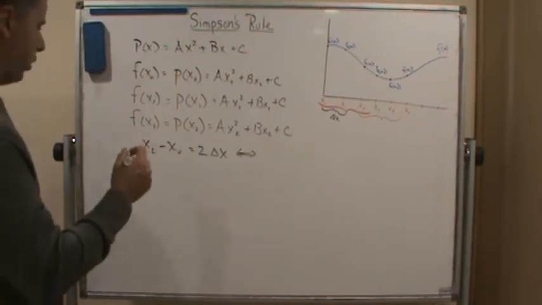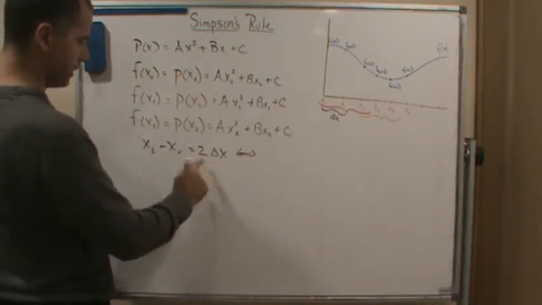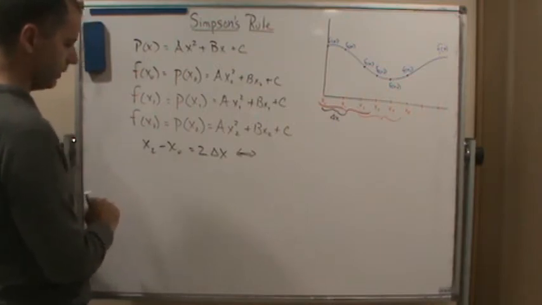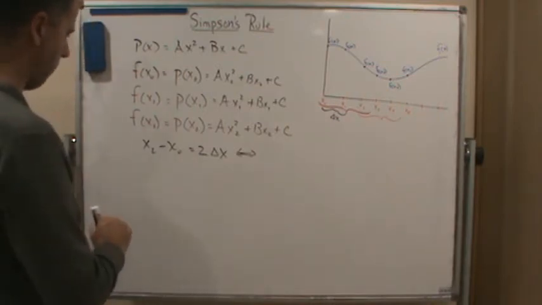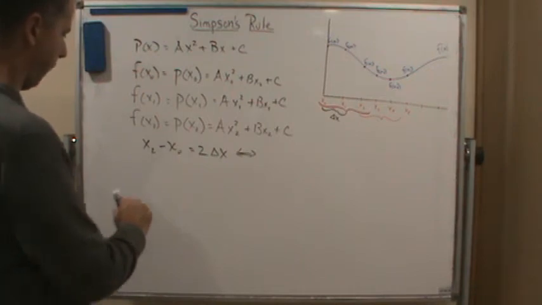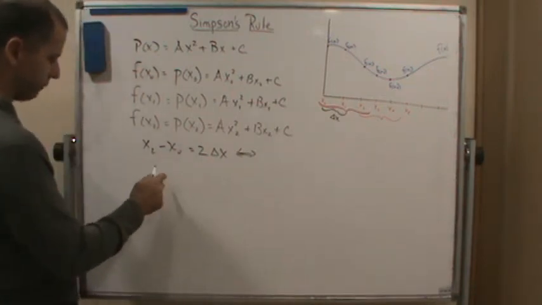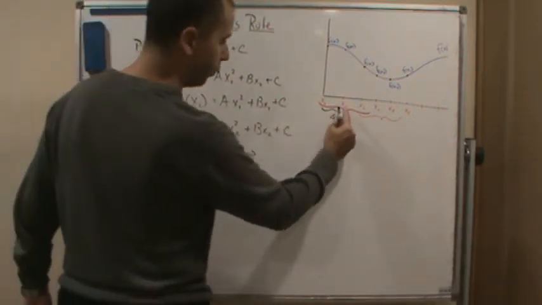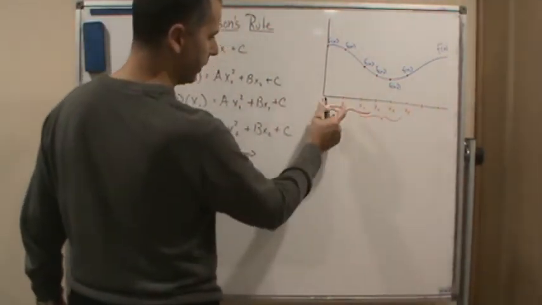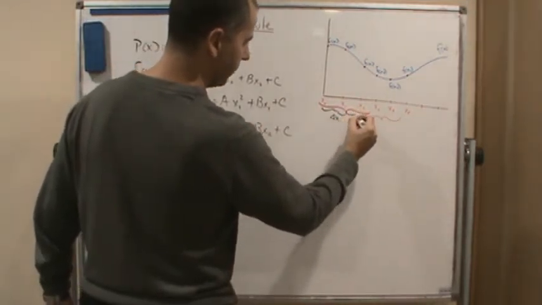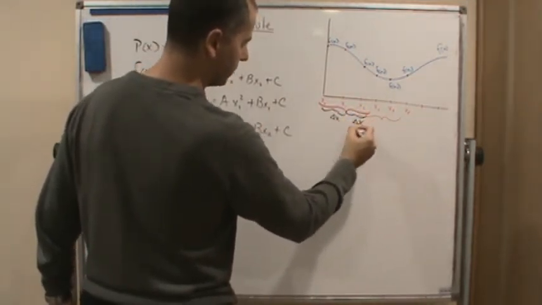What else? We're going to use this as well. Since we have this delta x, x1 is right between these, and since these are equal, this distance here is also delta x.